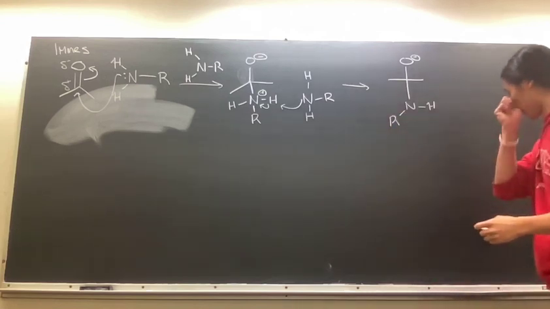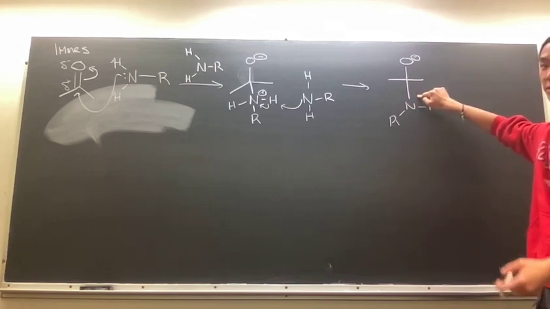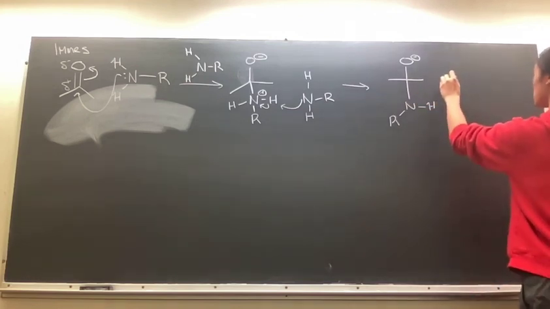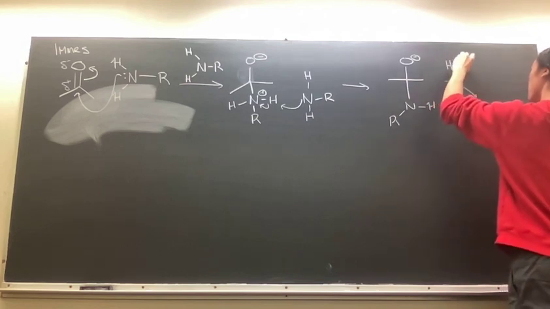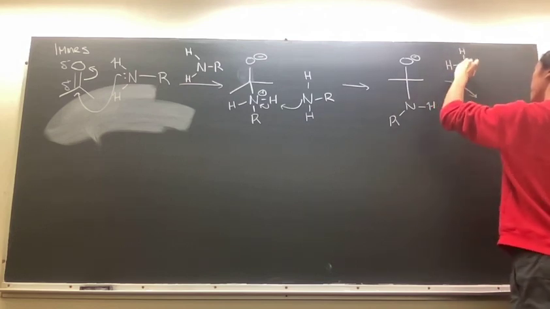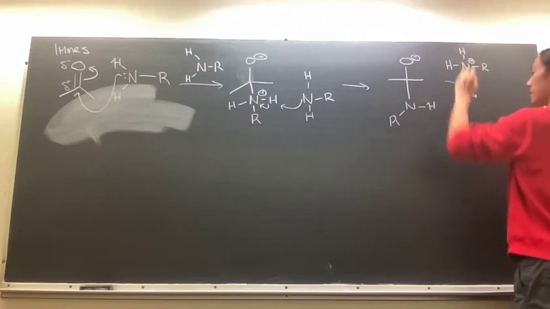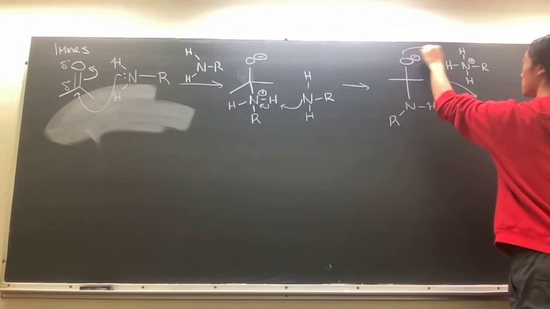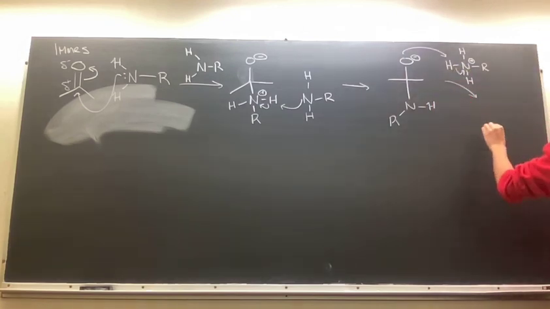So to make the imine, we need to essentially remove this oxygen and replace it with a nitrogen. We have a nitrogen in place, we need to remove the oxygen. So what we're going to do is protonate it. So we just used deprotonate earlier, and we get this.